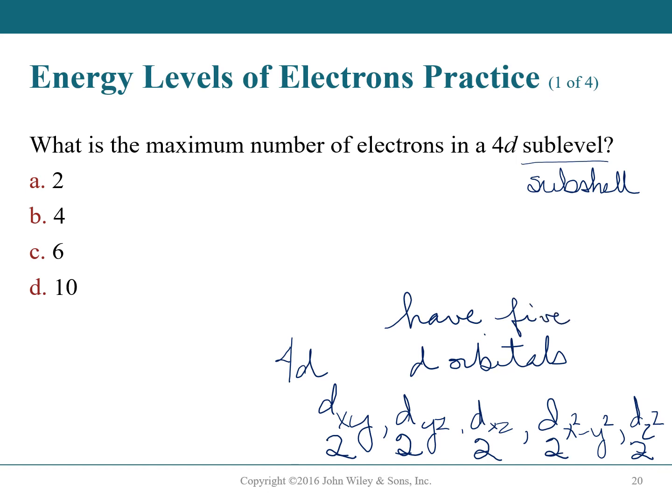Here are the d orbitals: 2, 4, 6, 8, 10. We have up to 10 electrons. That's the maximum number. I just want to make sure it wasn't confusing that we have the number 5 total, whereas 4d is the name of the sublevel we're referring to.